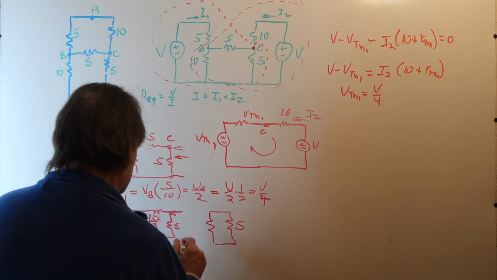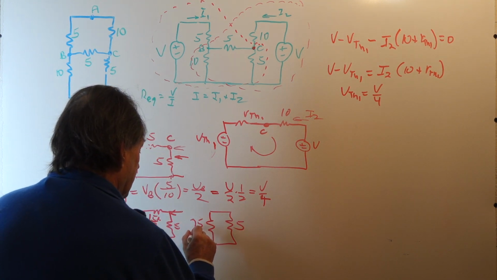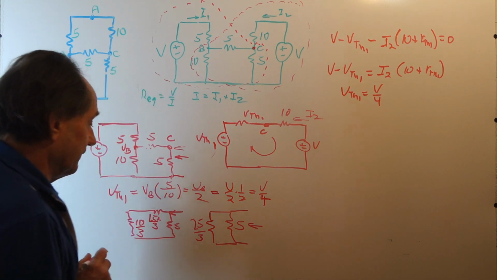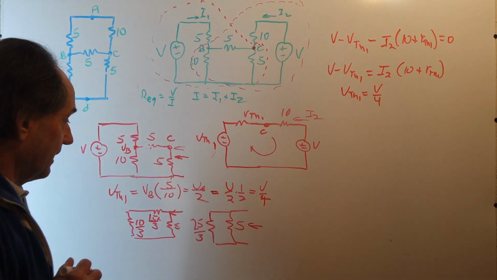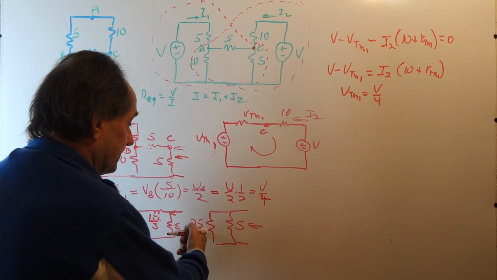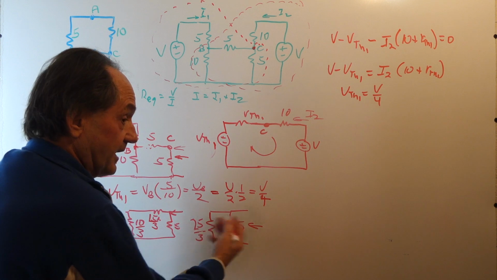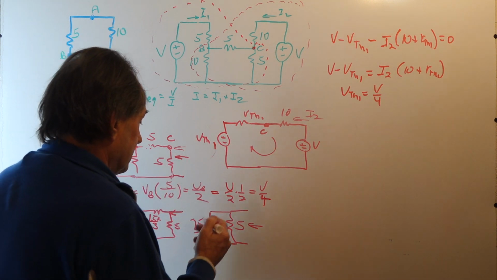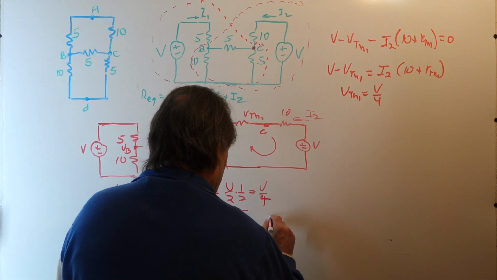we have a 5 ohm resistor, and we have a 25 over 3 ohm resistor, and now we want to find the equivalent resistance looking in. Well, the equivalent resistance is the product of the two resistors divided by their sum, or we can look at the reciprocals. I will look at the reciprocal.